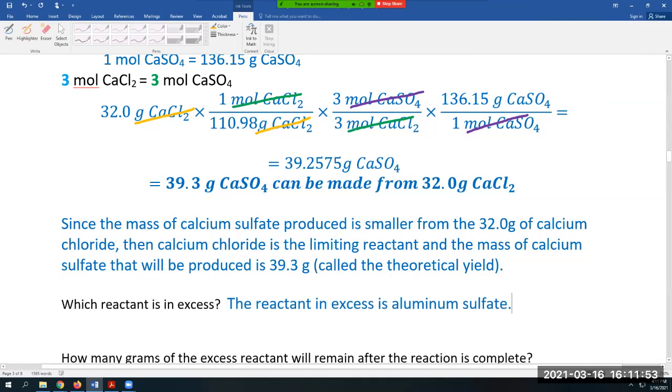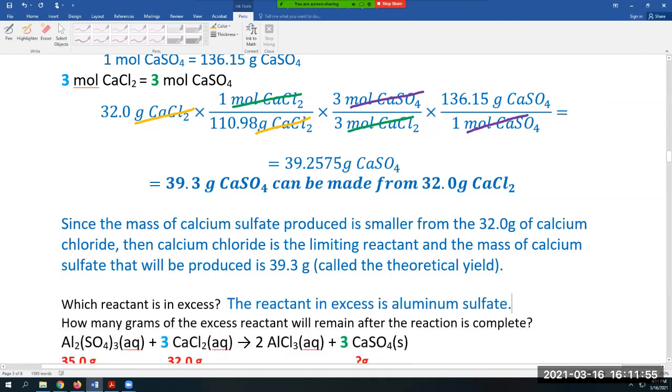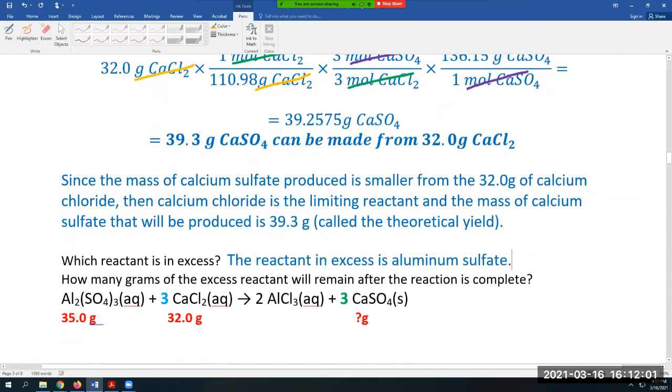And that's what the next question is about: how many grams of the excess reactant will remain after the reaction is complete? So we still have some calculation to do here. We know this is going to be in excess and you will have some leftover. So out of the 35 grams you have initially, there will be some leftover and we need to calculate that amount.